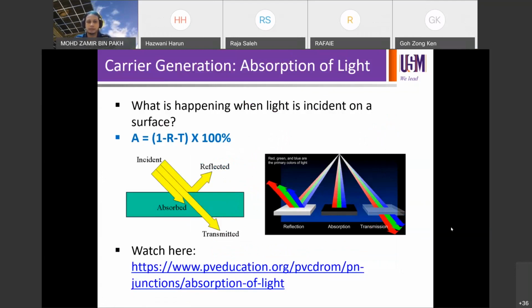And absorption is governed by the one that we talked about before: three cases, E_ph less than E_g, E_ph equals E_g, and E_ph more than E_g. So the light absorption will only take place when E_ph equals E_g or E_ph is more than E_g.